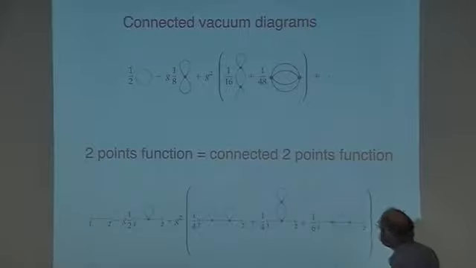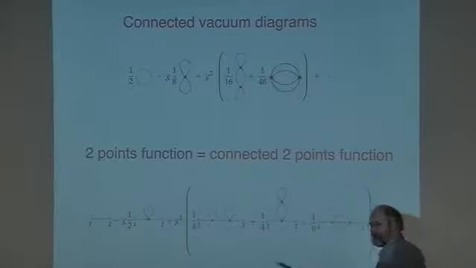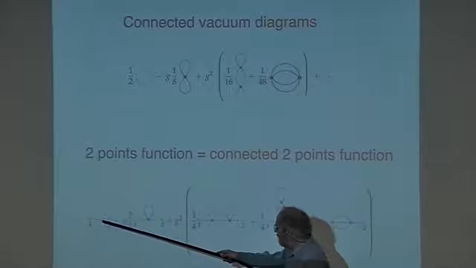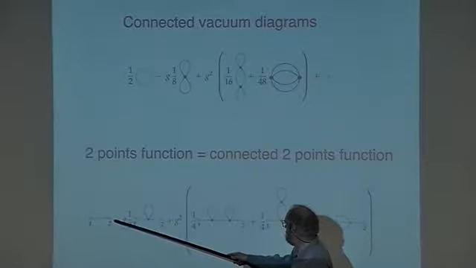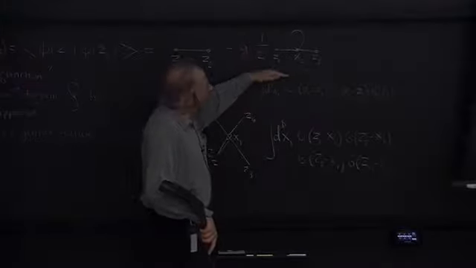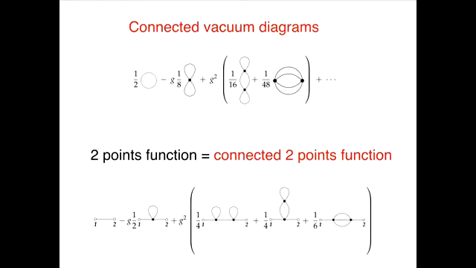In the two-point function, here are the connected diagrams. And as I stated, since the two-point function is given by the ratio of all the diagrams that appear here divided by the vacuum diagrams, you can check that the two-point function is given just by the sum of the amplitudes of the connected diagrams.